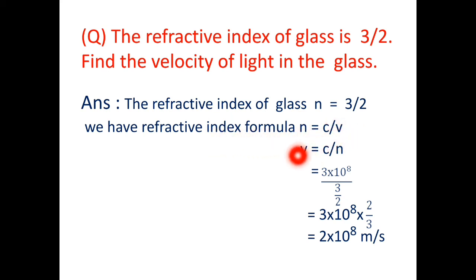From this formula we will get v equal to c by n. c value is a fixed value, that is the speed of light in vacuum or air, 3 into 10 to the power of 8 meters per second, and n is given in the problem, 3 by 2. Substituting these values, we will get 3 into 10 to the power of 8 by 3 by 2. So this is 3 into 10 to the power of 8 into 2 by 3. From this we will get the answer 2 into 10 to the power of 8 meters per second.